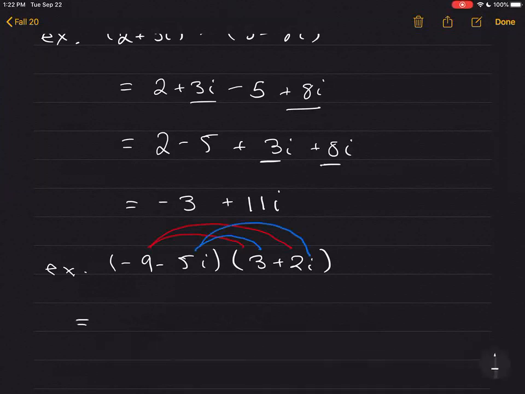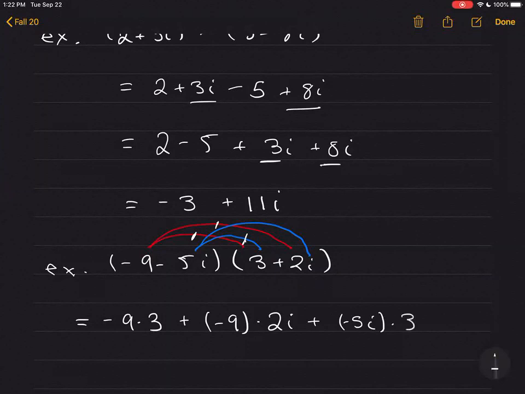And so when we distribute this out, we have -9 times 3 for this first one. And for the second red line, we get plus -9 times 2i. And for this first blue line, we get plus -5i times 3.